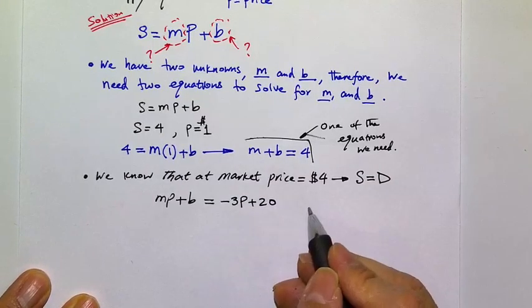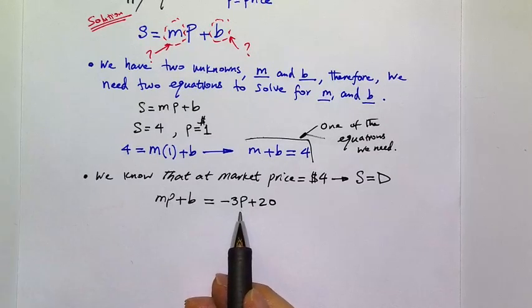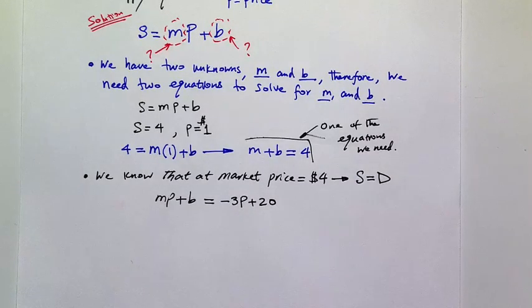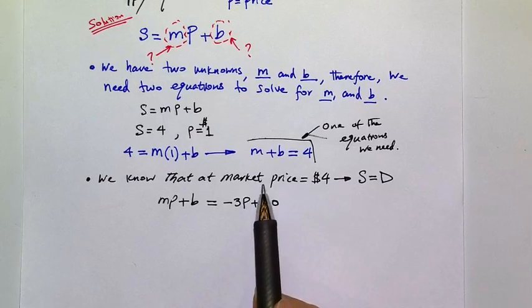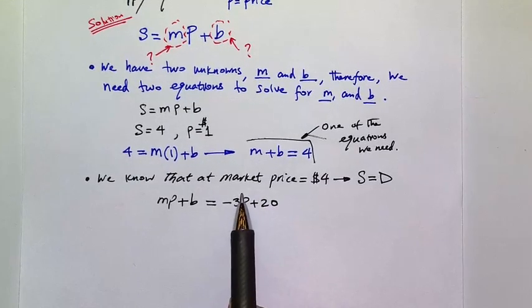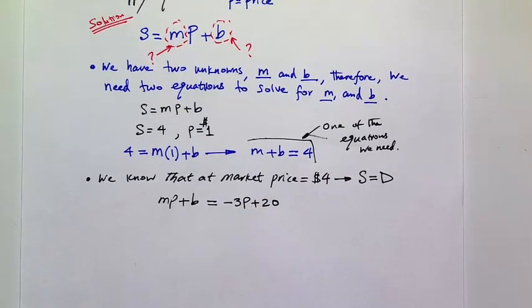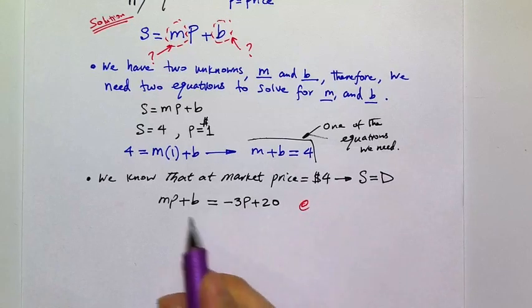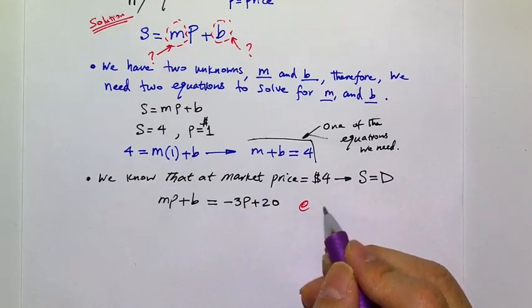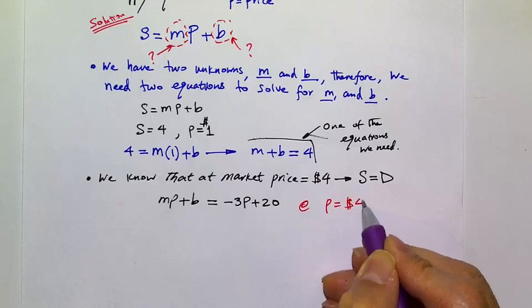And this is not always true, guys. I hope you're catching that supply is not always equal to demand. It's equal to demand at the market price, which is what we have right now. Let me make that clear: this is true at the market price of $4.